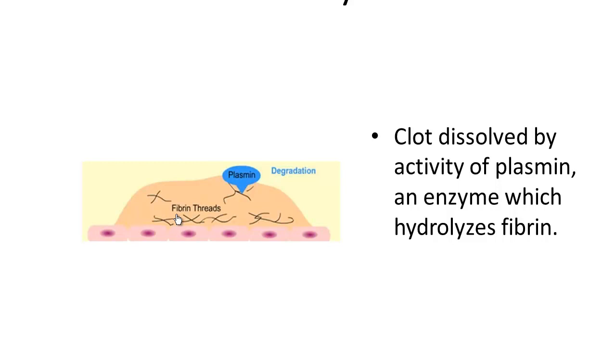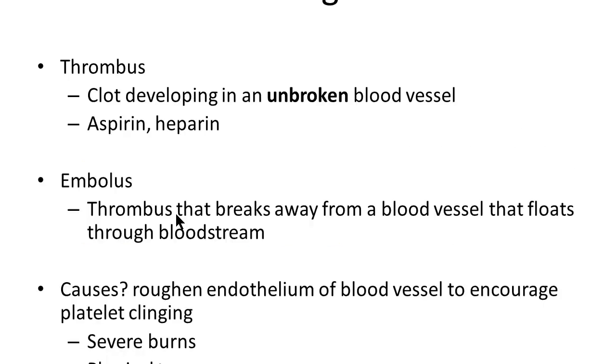So when a clot is formed in a specific area and it's due to high cholesterol and damage to a blood vessel, we call that a thrombus. So a thrombus is any type of clot that is formed in a specific area. And then if that thrombus breaks away from that area and travels somewhere else, we call it an embolus.